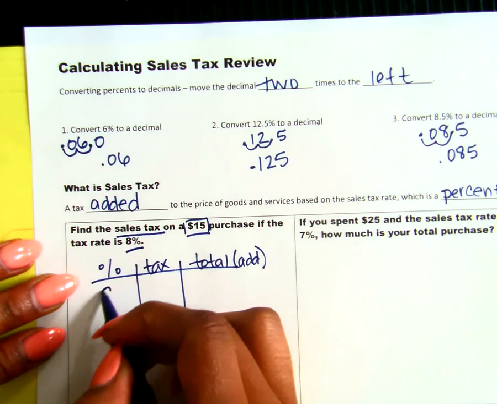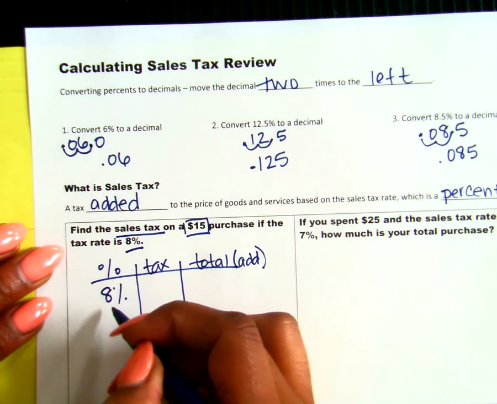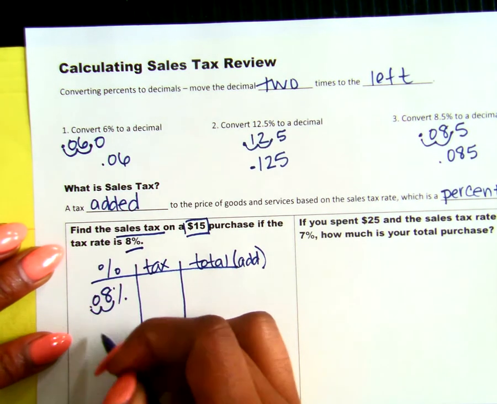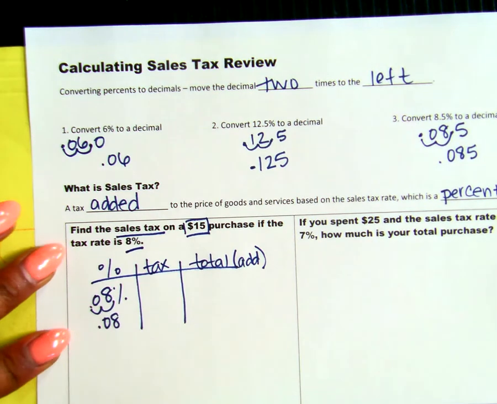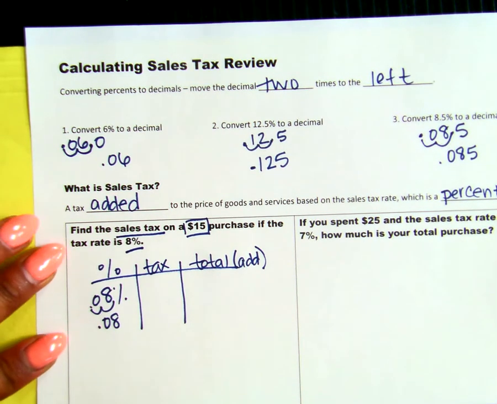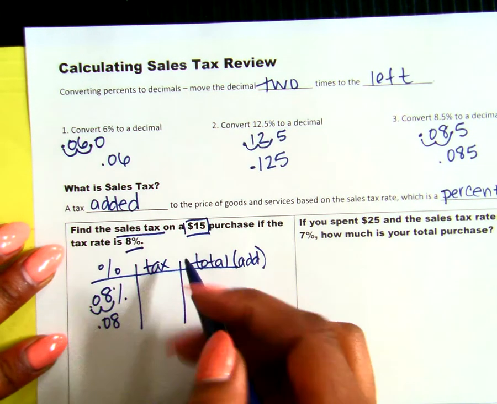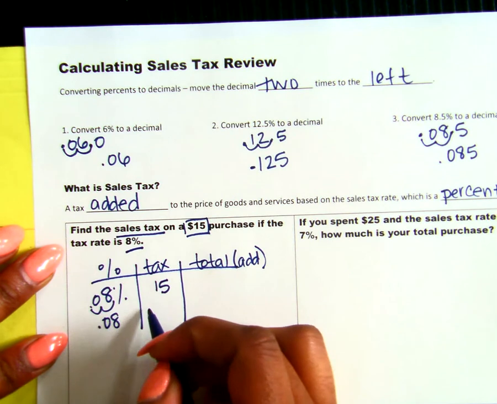If we have 8%, let's convert that to a decimal. Remember, simply move it 2 times over to the left, put a 0 in empty spaces. So 8% is 0.08, okay? So that's the decimal we're going to use to multiply. Now, in order to figure out our tax, we need to multiply our price times our percent.